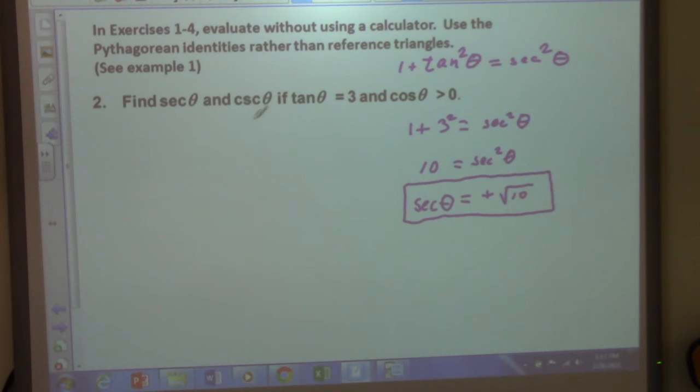And then we want to have cosecant theta. How do we find that? Okay, reciprocal of what? Cosecant theta is going to be reciprocal of sine, right? I'm confused.